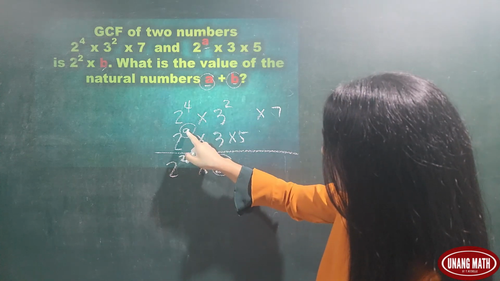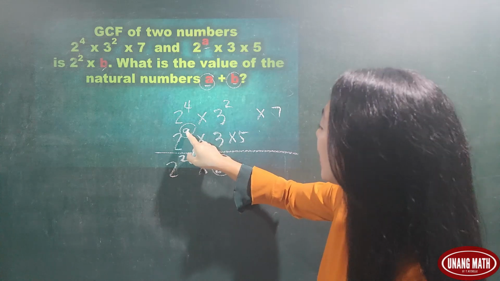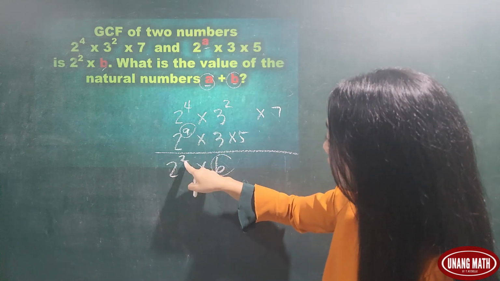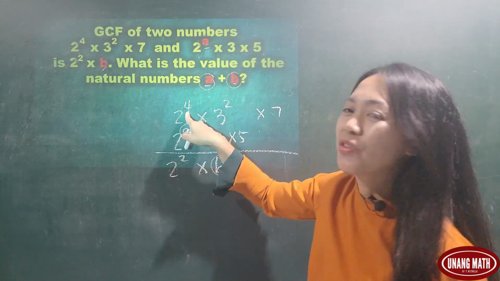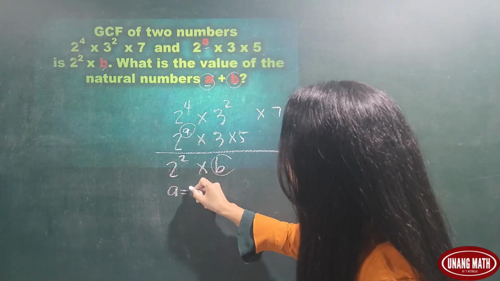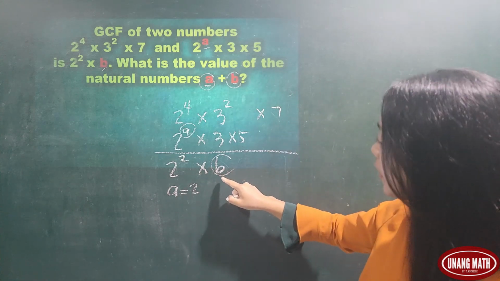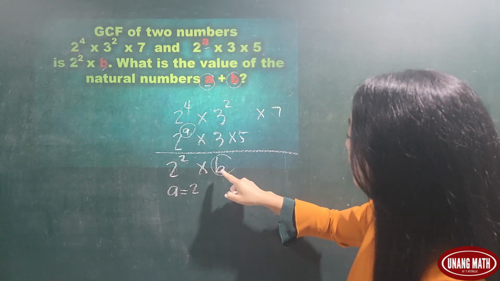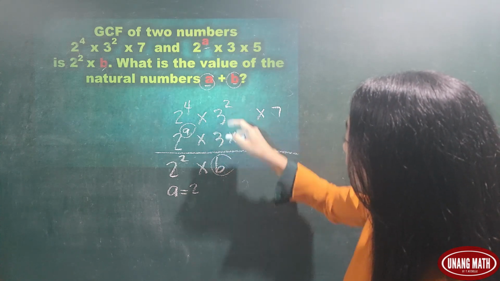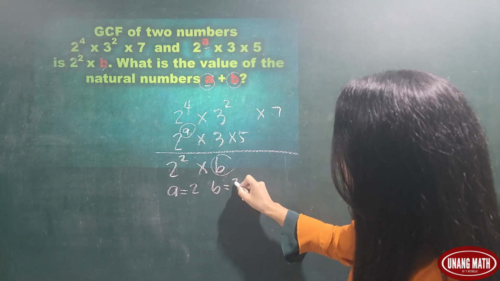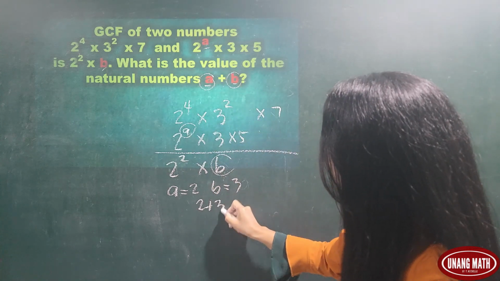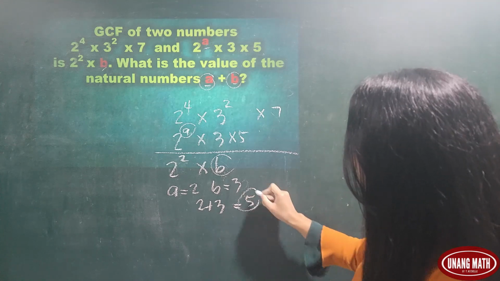The value of a here is 2 because 2 squared is smaller than 2 raised to the power of 4. So a is equal to 2. How about b? It means b is 3 because 3 is smaller than 3 squared. So b is 3. So a plus b, 2 plus 3, the answer is 5.